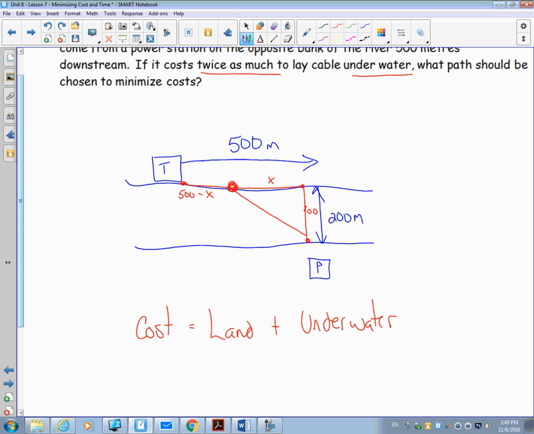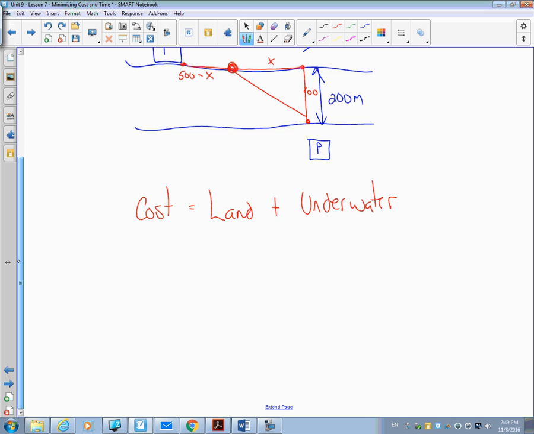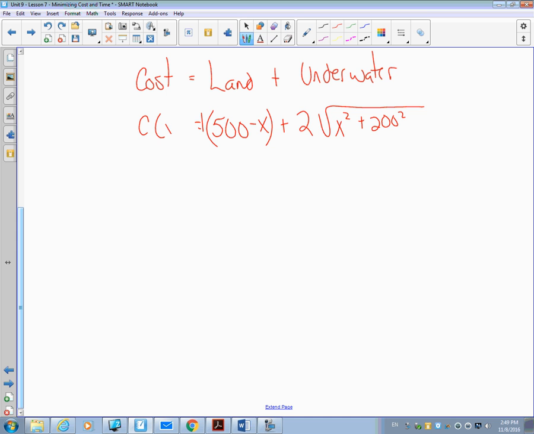So if I think of it as a dollar for every land piece, well, my land costs are just 500 minus x times $1. The underwater piece is $2 for the distance underwater. Well, the distance underwater is the hypotenuse again, so in other words, the square root of x squared plus 200 squared. It's about costs this time. There's an expression for costs in terms of x.